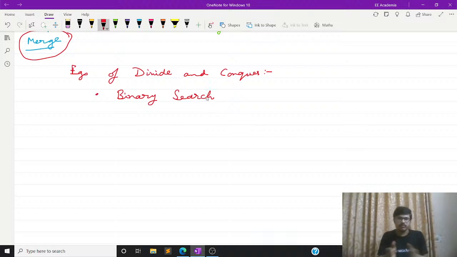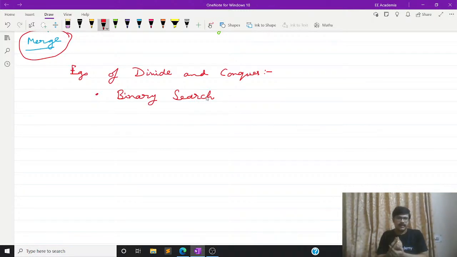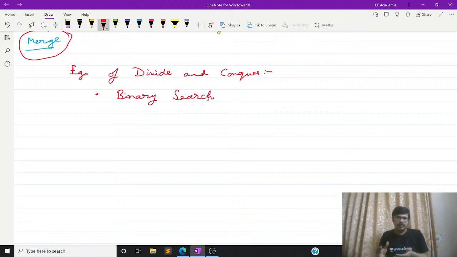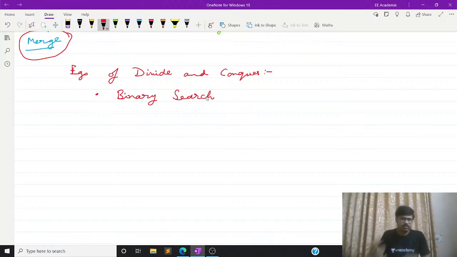Here you divide the problem into two halves of equal size based on some condition, and then you carry on the search on one of the halves. That means you divide the problem into size n by 2, then you recursively solve the problem for the smaller subproblem, and finally you combine the result. That means you just return yes or no. So that is also a kind of divide and conquer.